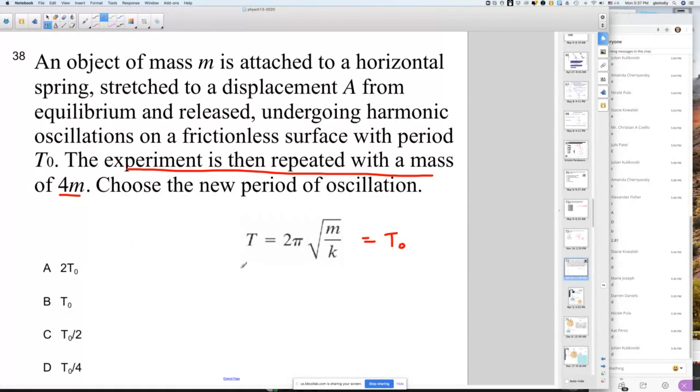What would this new period, let's call it T prime, be compared to the old period? Which of these choices would it be? Well, can you replace m with 4m in this equation?